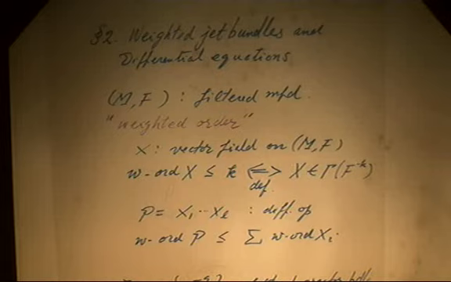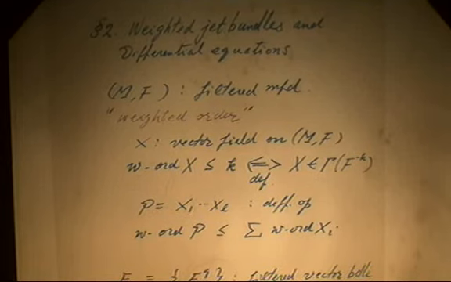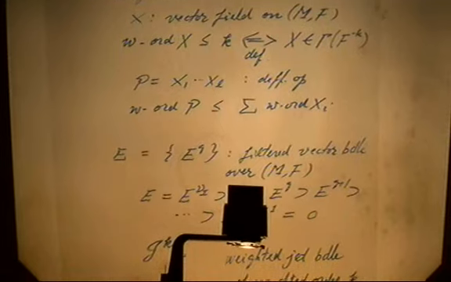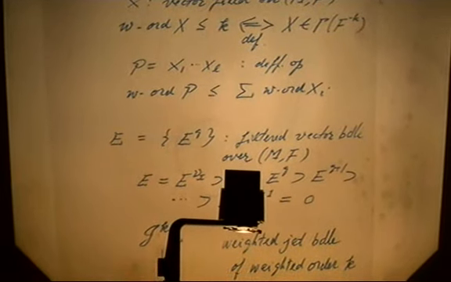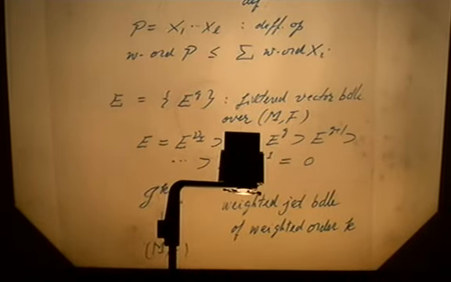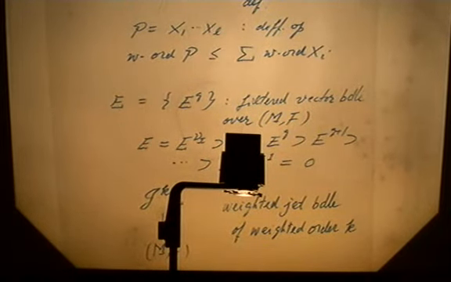And for the differential operator like X1 to Xl, I call the weighted order of P less than the sum of all the orders of Xi. So in this way we have a well-defined notion of weighted order on the differential operators on M, F.